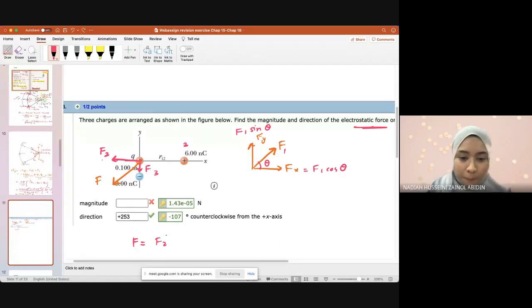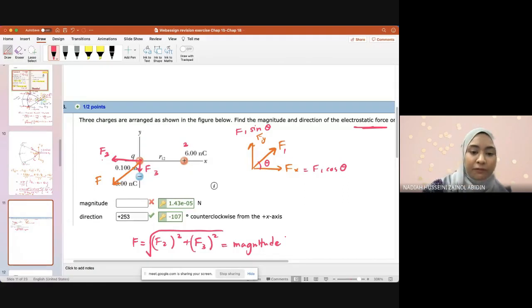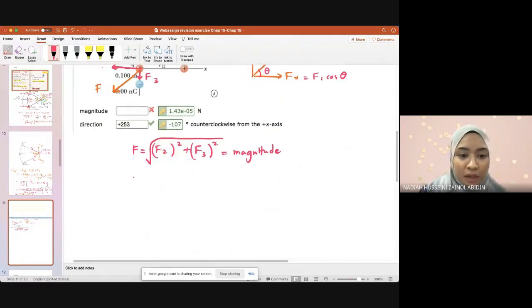F is the square root of F2 squared, because this is my X component, plus F3 squared. This will give me the magnitude of my F. Whereas for the direction of my F, it is given by tangent theta equals Fy component over Fx component.